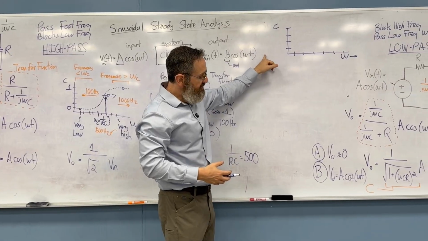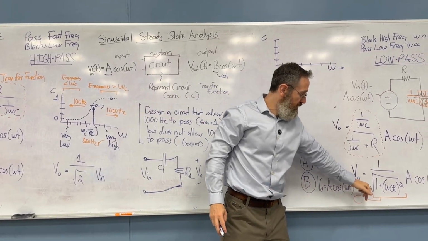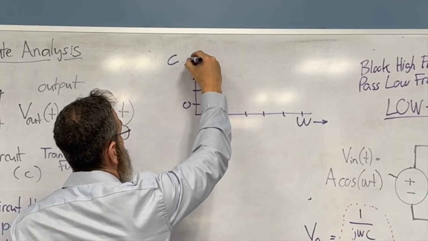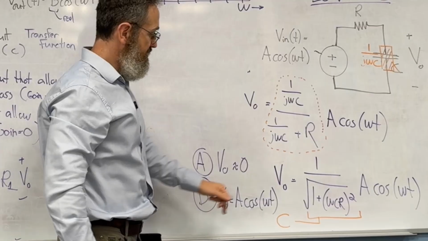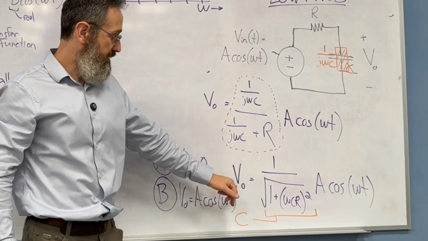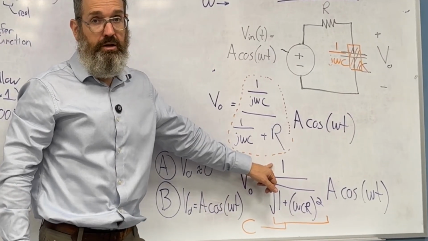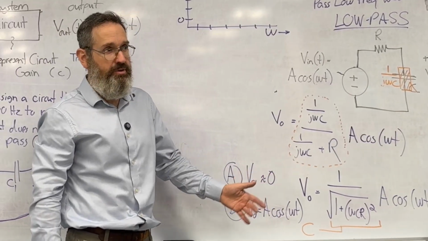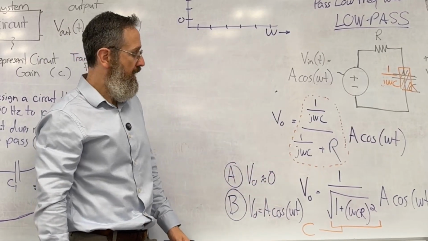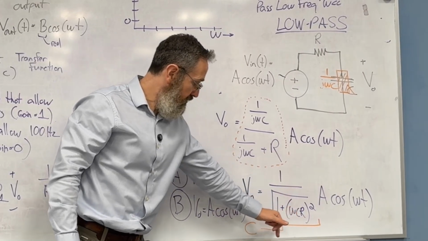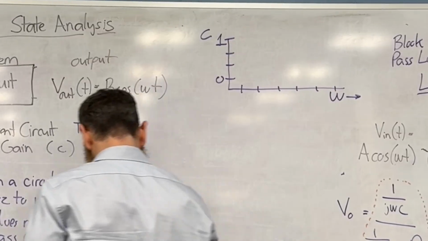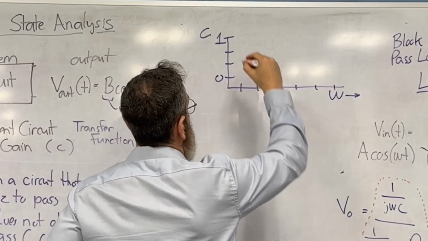The C in this case can only go from 0 to 1. It can be as big as 1, but no bigger, and it can get as small as 0, but it can't go negative, and it can't go greater than 1. And the general behavior, if you were to plot this, would be something like this.